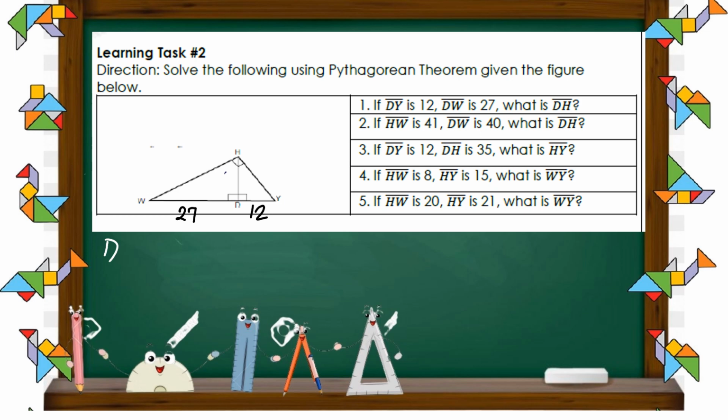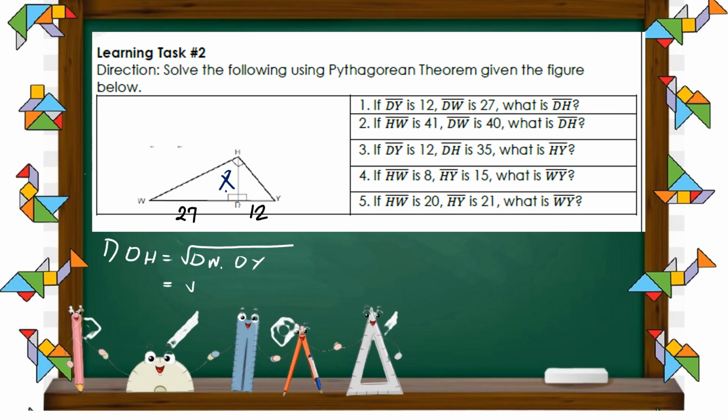This is the missing part, DH. Let's name it x. We can use here your geometric mean. To find your DH, we're going to have the square root of your DW times your DY.